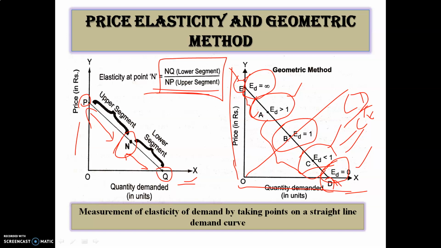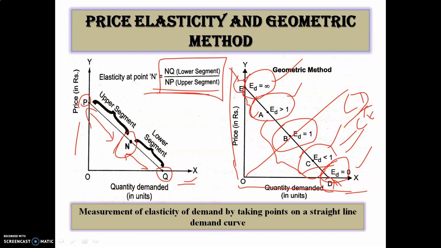And in a fraction, if you get a value 0 in the denominator position, then the value will be equal to infinity. So in this way, by simply looking at the point, we can state what the value of elasticity of demand can be.